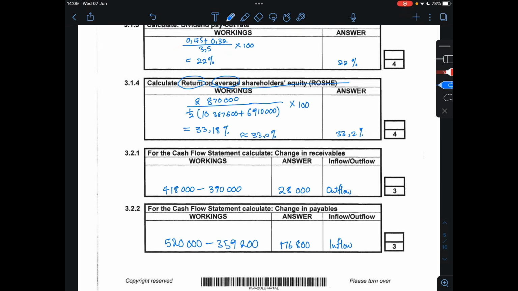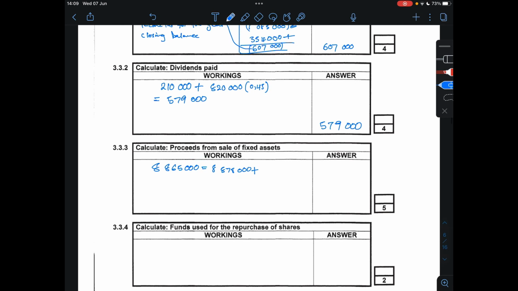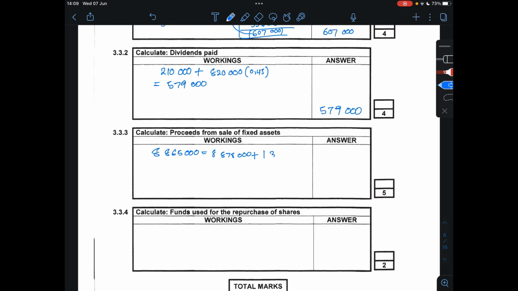We added the buildings at a cost of 1,360,000, and then we had depreciation of 785,000. Remember that we're still working on how we got this amount.